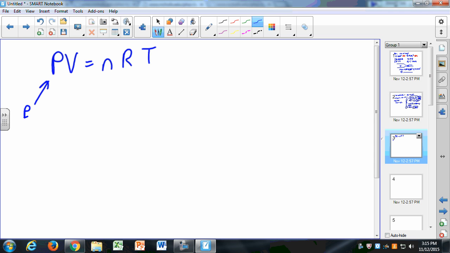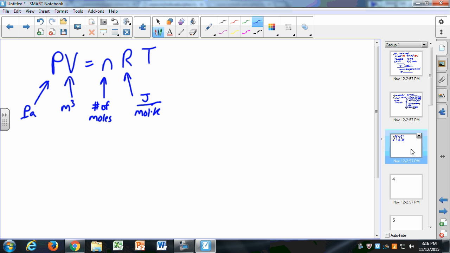P is in pascals, V is in cubic meters, although often the volume is given in liters, which isn't an SI unit, but I'll show you how to convert that. N is in number of moles. R is in, what is it, joules per mole Kelvin, isn't that right?